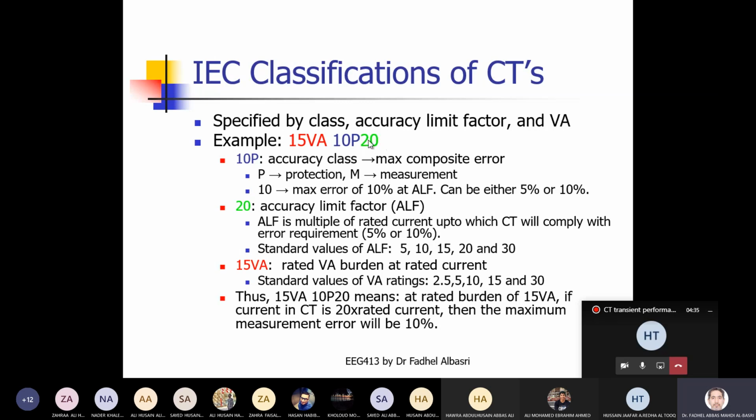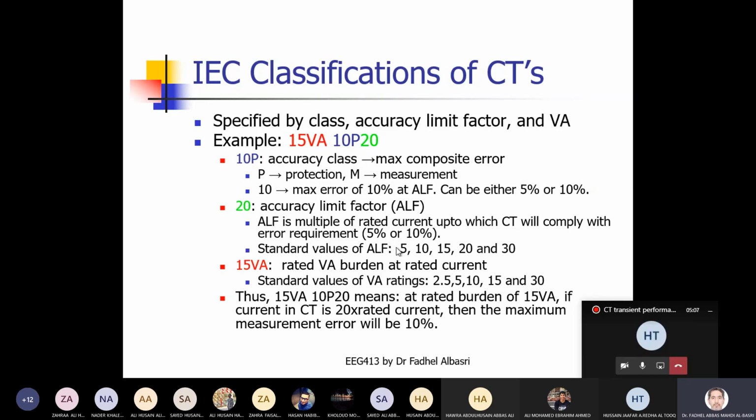And the number following the letter, which is 20 now, is the accuracy limit factor. In IEEE, the accuracy limit factor was fixed at 20, while here in IEC they have specified this number as 5, 10, 15, 20, or 30. So they have more flexibility, a wider range of classifying CTs.